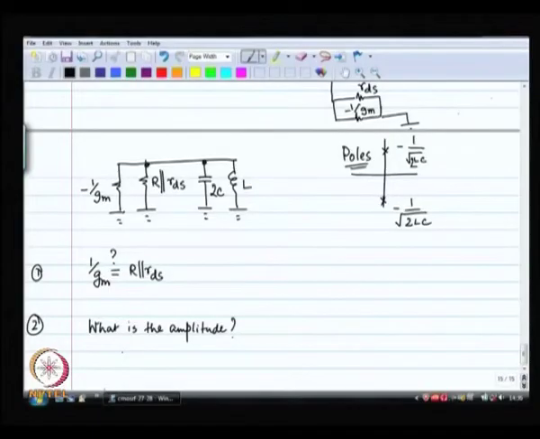So, this is problem 1. Problem 2 is RDS. RDS is also a big unknown. When the process engineers create a semiconductor technology, they in general are not that worried about RDS, and the tolerances on RDS, the exact value of the RDS could be as large as 200%. So, there is no control over here, and as a result 1 by Gm equal to R parallel RDS, this is a very hard condition to satisfy.